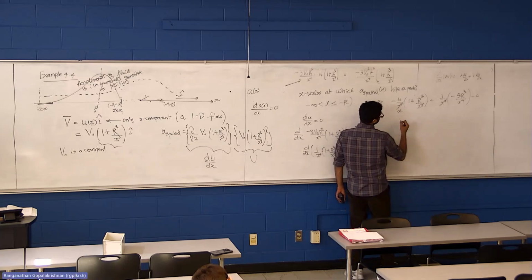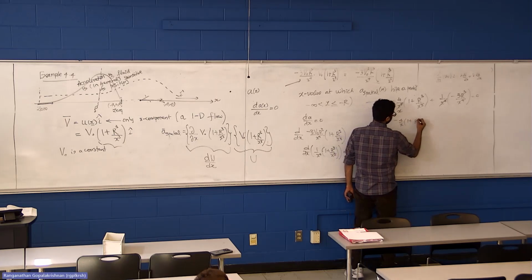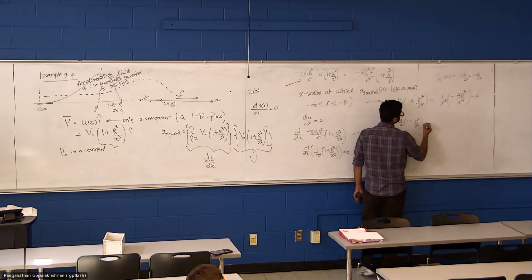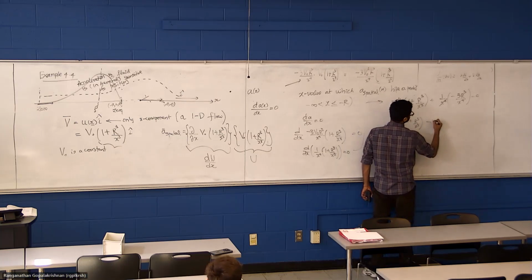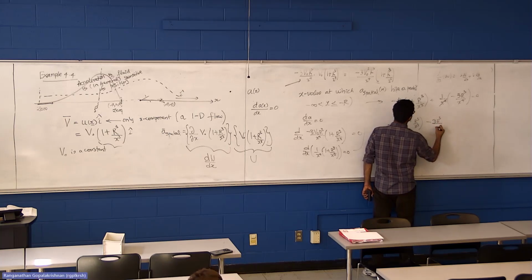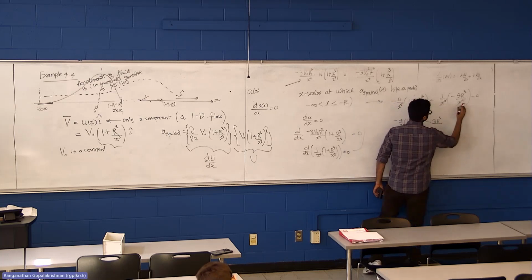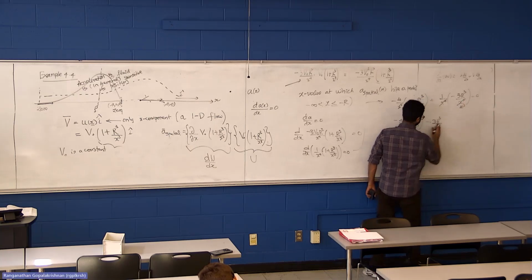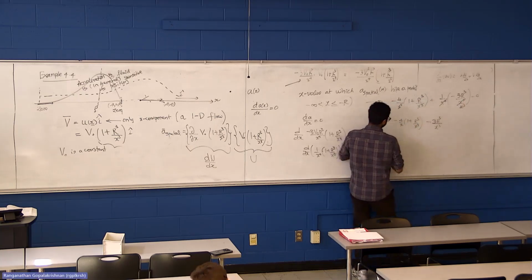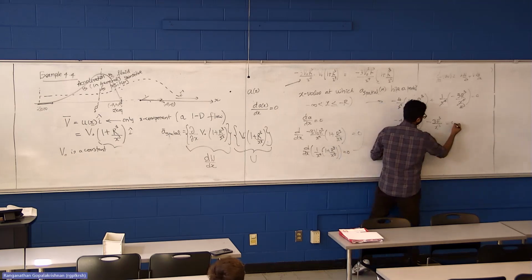So I have minus 4 over x, 1 plus r cube over x cube, minus 3 r cube over x cube equal to 0.